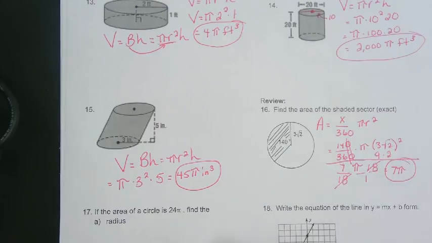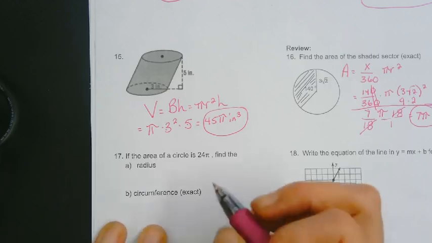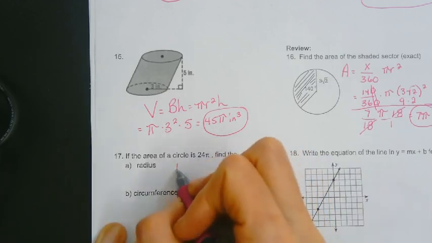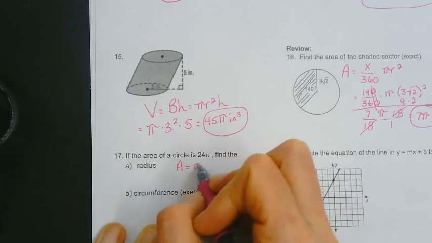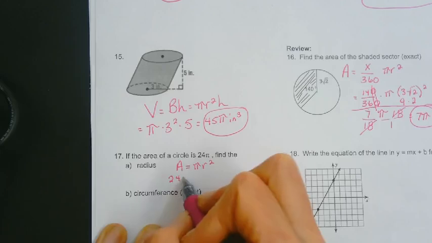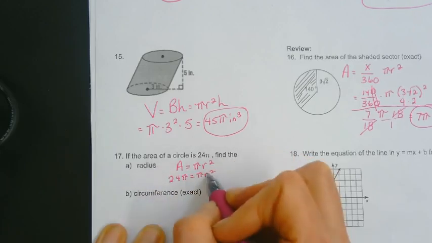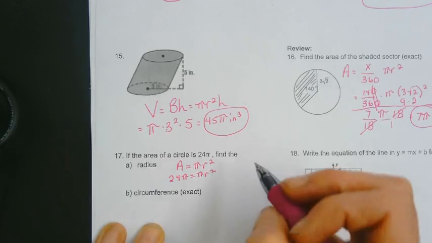Okay, 17. If the area of a circle is 24 pi, find the radius. Okay, area of a circle, what's the formula? Area equals pi r squared. Well, the area here is given as 24 pi, so that equals pi r squared. And we're trying to find the radius. We're trying to get r. Well, let's get r by itself. Divide by pi, those cancel.